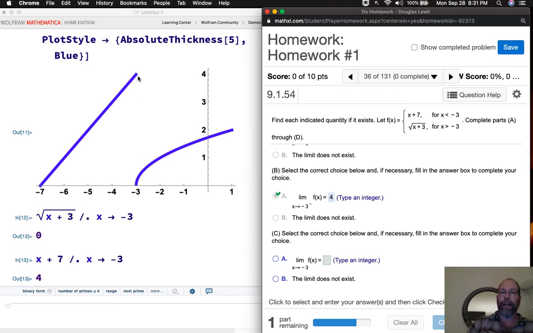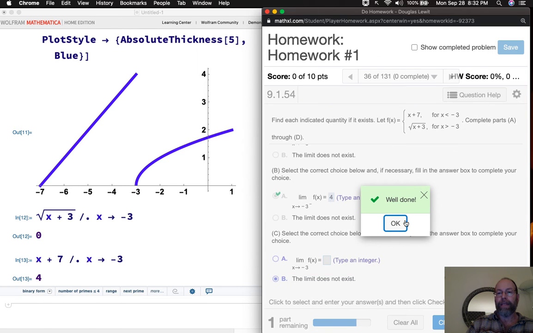The limit from the left is 4. The limit from the right is 0. 4 is not equal to 0. When the left-sided limit and the right-sided limit do not agree, then the bidirectional limit does not exist. And that is correct.